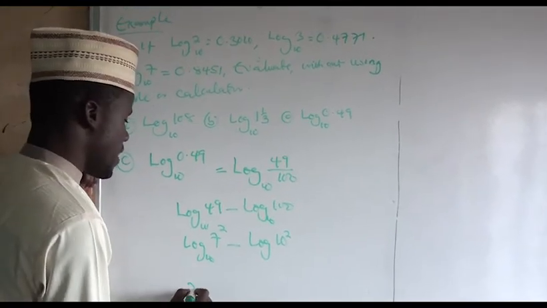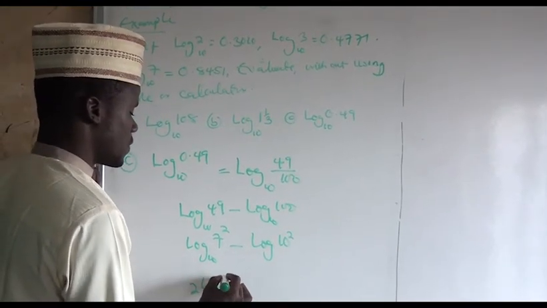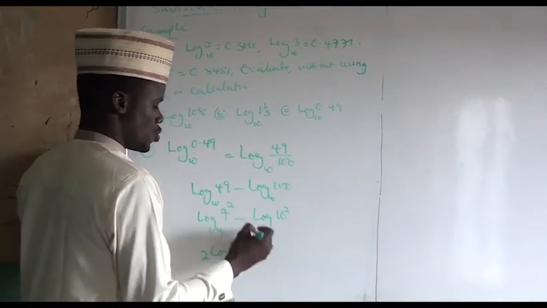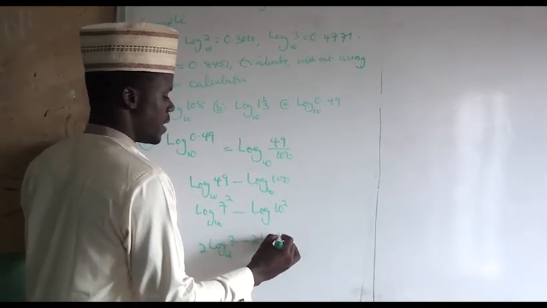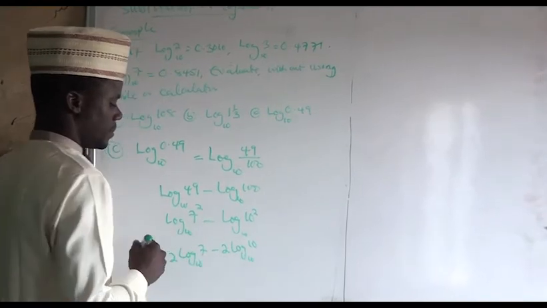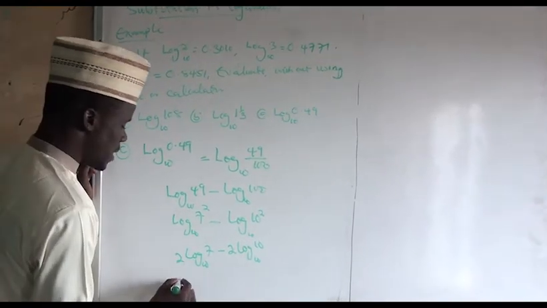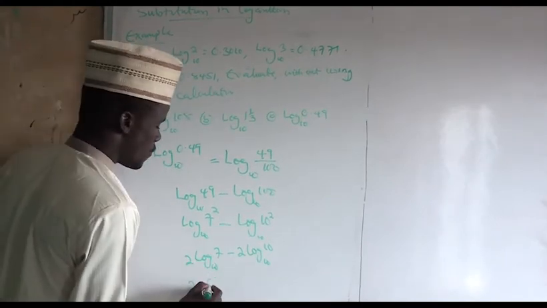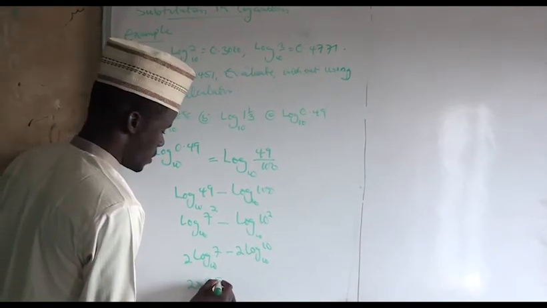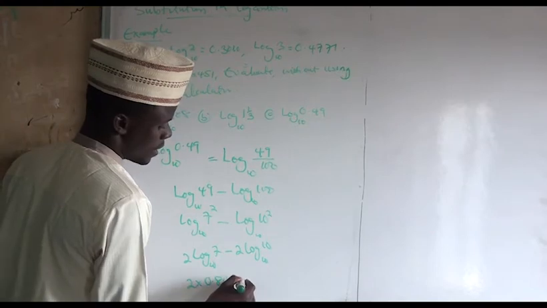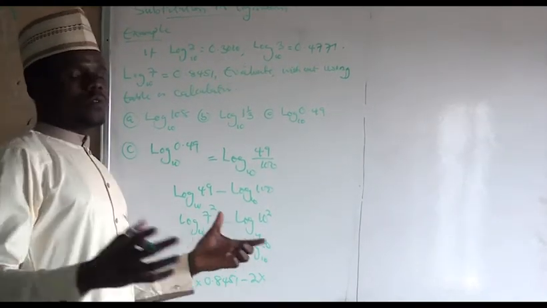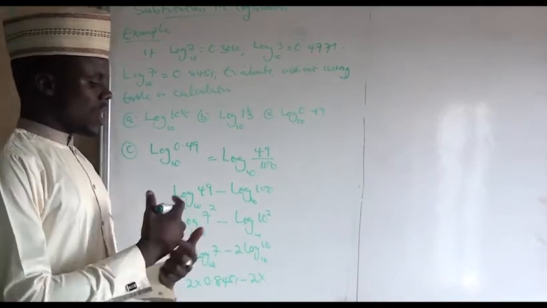So we take the power back to the logs. So here we can say 2 log 7 base 10 minus 2 log 10 base 10. So here we can say 2 times log 7, which is 0.8451. Then minus 2 times log 10 base 10. From the other log we know that is 1.